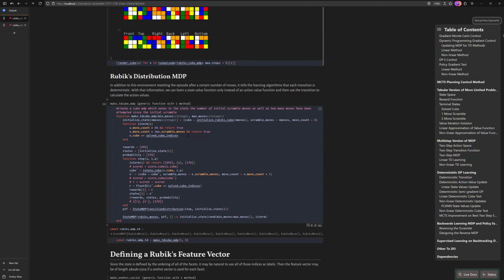Well, I don't have any questions regarding the condition about the move count, a heuristic of how many moves there would be before the episode terminates, based on the heuristic of being 2 times the number of scramble moves.